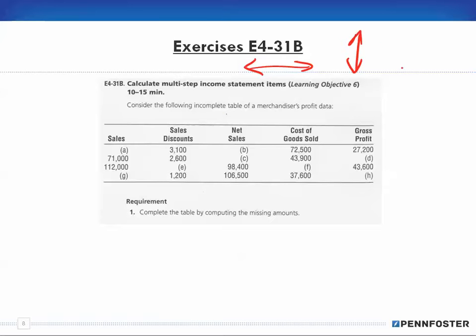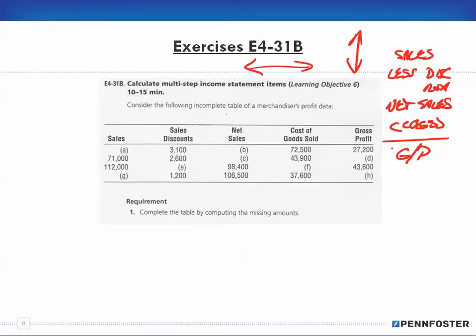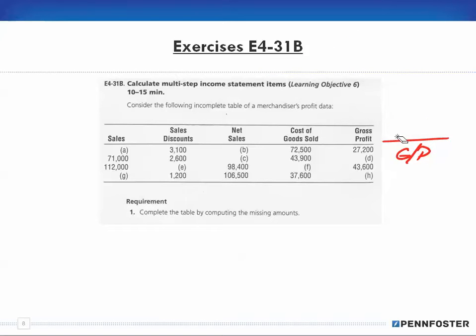Remember, if we're looking at an income statement, we have sales less our sales discounts and our sales return allowances, which gives us net sales, and then we subtract out the cost of goods sold, and that ends up giving us a gross profit. So this is the up and down format. Now they're just going horizontally across the page. So if you're not following it across the page like that, then maybe on a separate piece of paper, write it in the vertical up and down format.